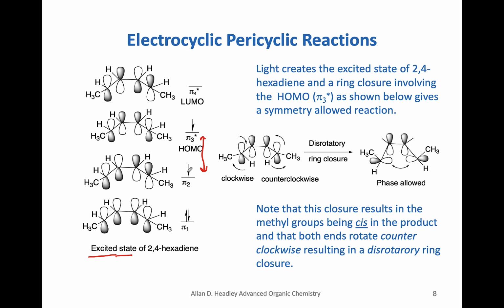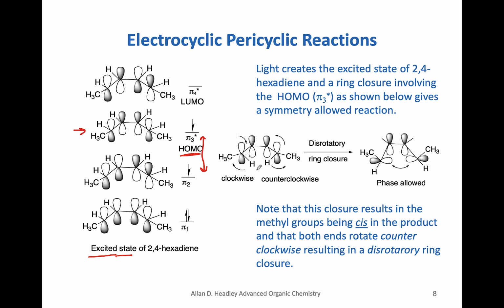But in the presence of light, there is a promotion of one electron into the next highest orbital, pi 3. So this now becomes the HOMO, the highest occupied molecular orbital, and this is the LUMO. So the orbital of importance here will be this one, because that's the highest occupied.